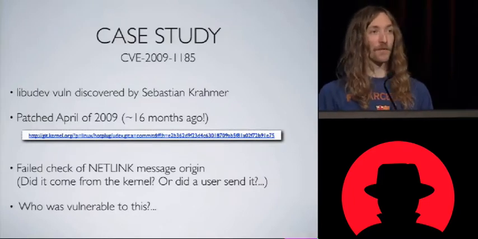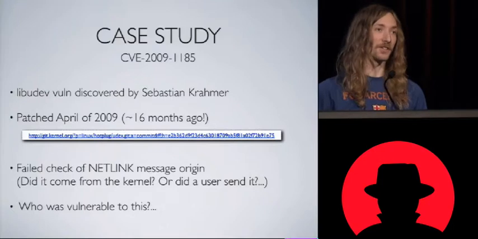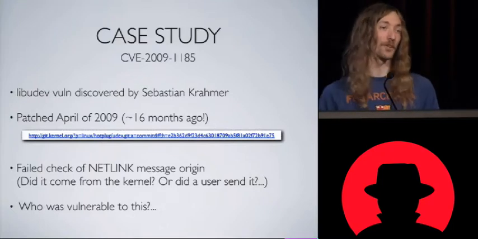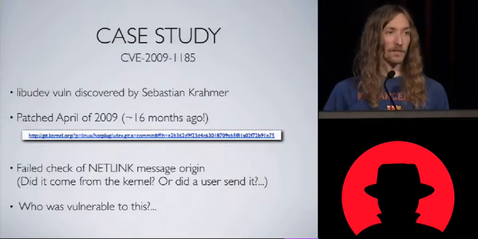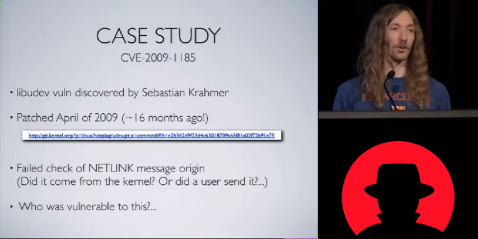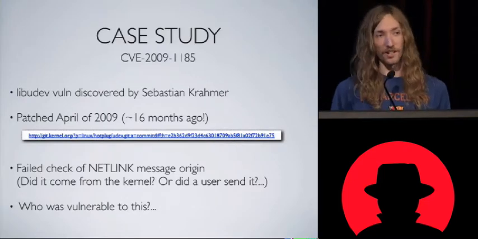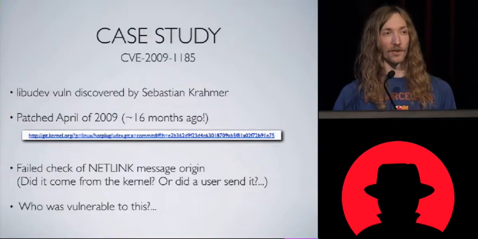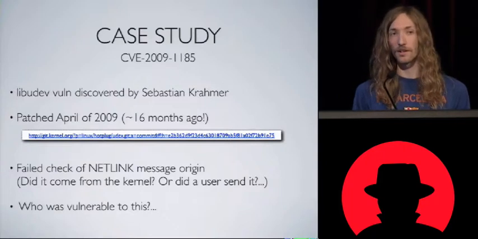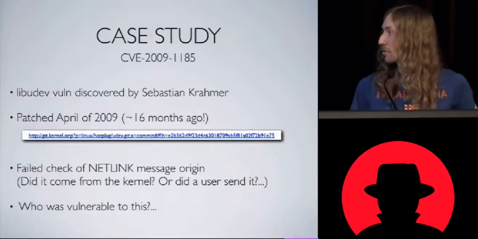The vulnerability itself was a failed check in the netlink message, checking the origin of the message. Basically, did it come from the kernel, did it come from the user? It didn't actually care, and we could use this to, in the end result, get a privilege escalation.